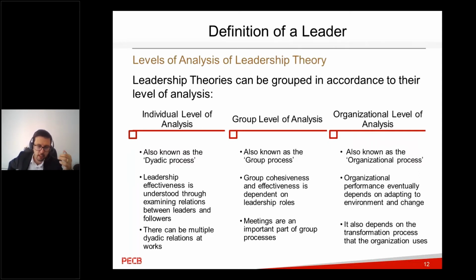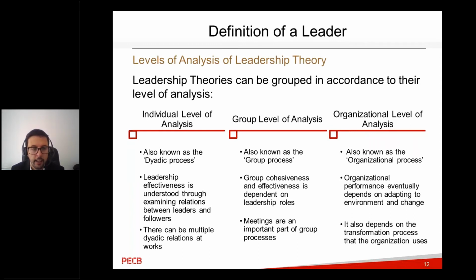So basically, this group process usually tends to focus on the role of leaders, on cohesiveness, as well as effectiveness, and how they are dependent when it comes to leadership roles.